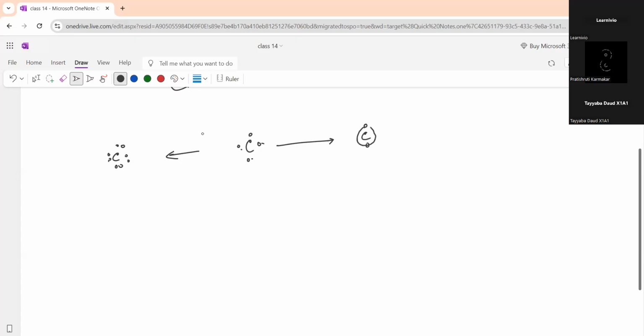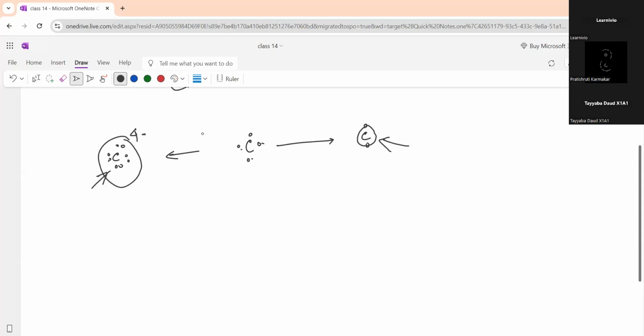But these 2 electrons won't stabilize carbon, and adding 4 electrons would be too high energy, so it will not be stable anymore. C4 minus won't be stable at all.